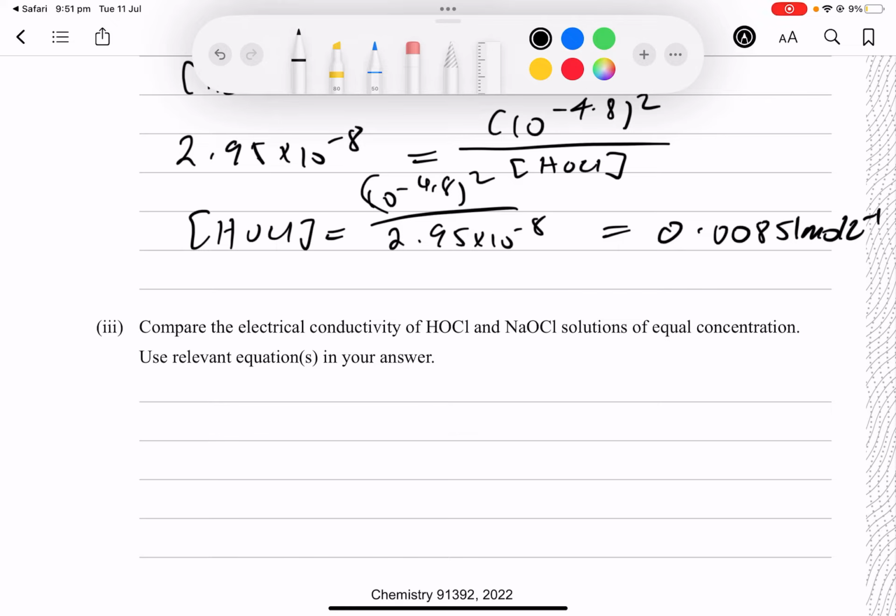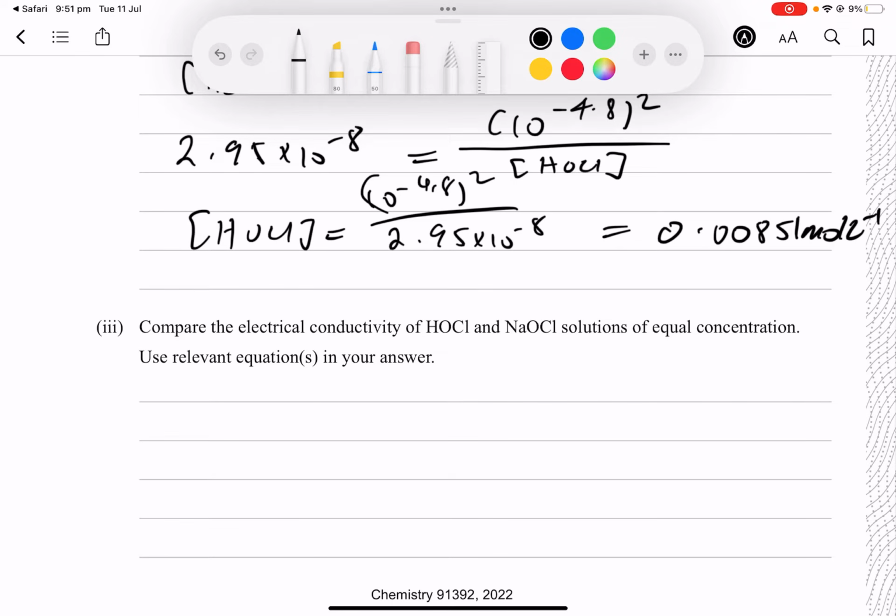However, OCl minus ions will continue to react with water by taking one of the hydrogens from water to form HOCl. So it will form HOCl as well as some OH minus ions, and the excess OH minus ions cause the solution to become basic, so therefore we call NaOCl a basic salt.